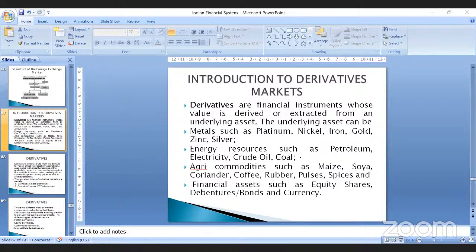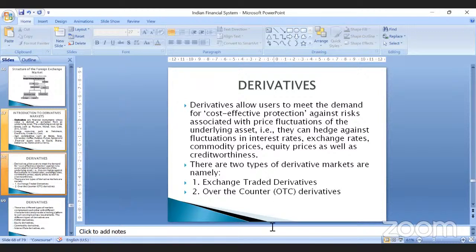Now, when derivatives have to be defined, any instrument which derives its value from another asset, or any contract which derives its value from the prices of underlying securities, we call such contracts, instruments, or securities derivatives.